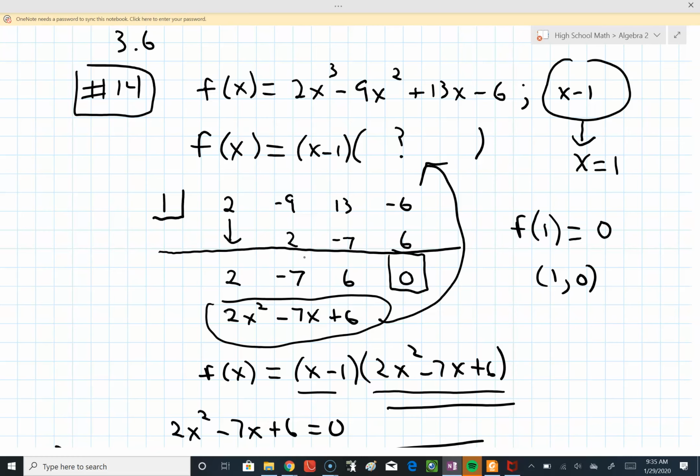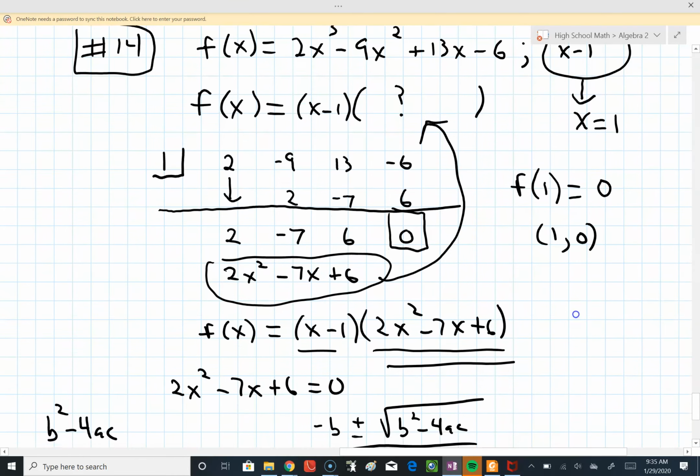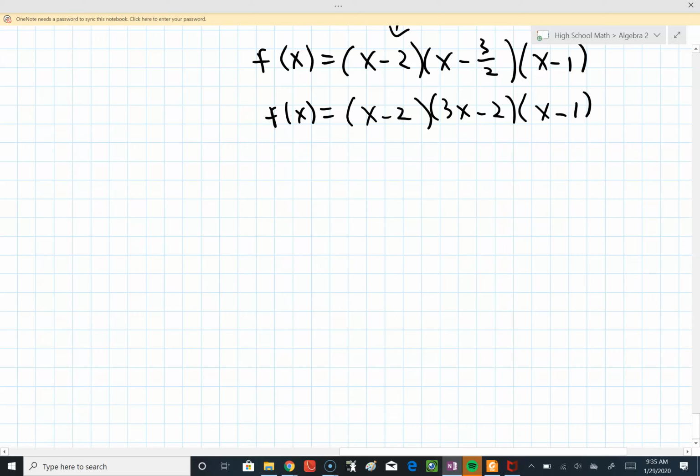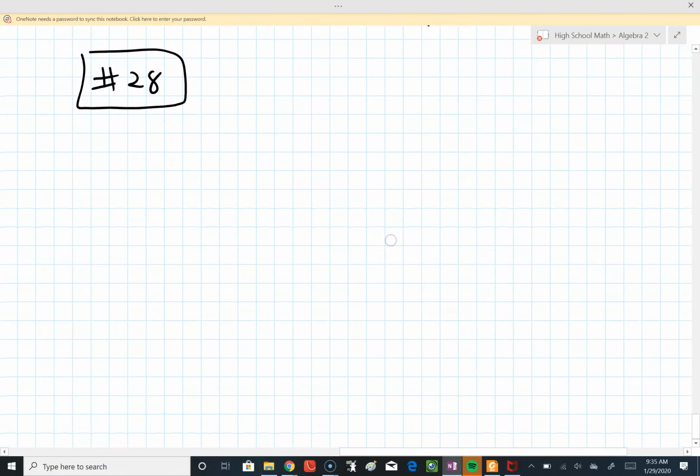Okay. I'm now looking at number 28. It says, use the rational zero theorem to find all the real zeros.